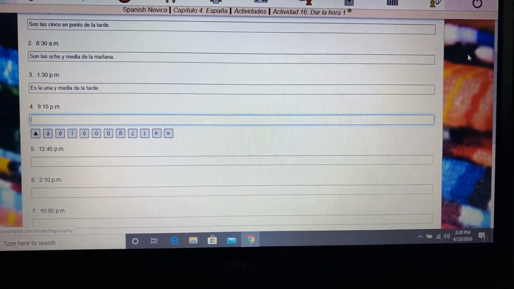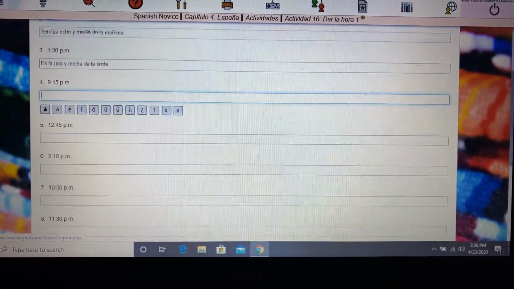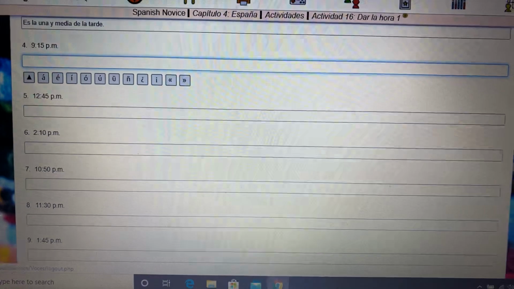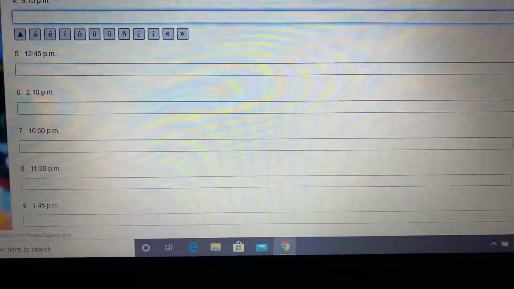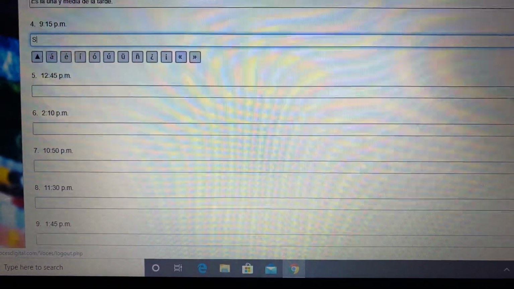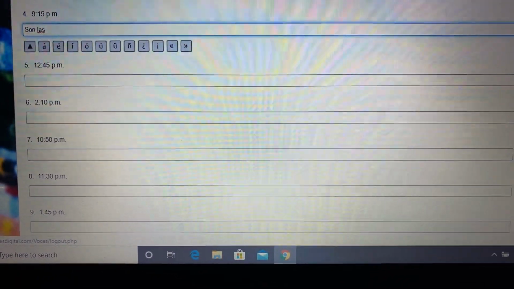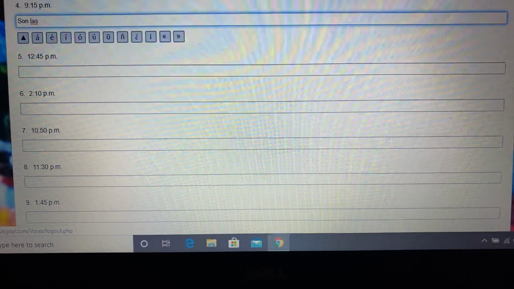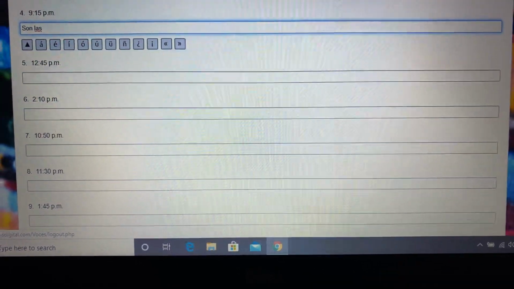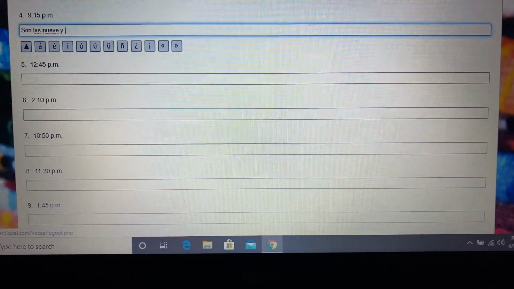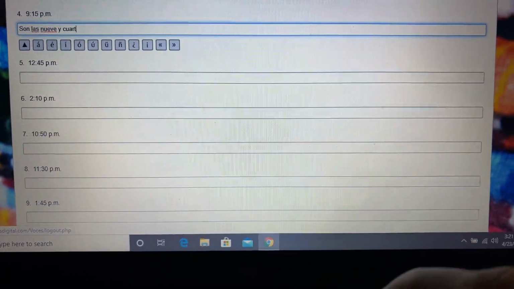Okay, let's go on to number 4. Number 4 is 9:15 p.m. I have to pay attention to 00, 15, 30, and 45. Okay, so 9, son las. Again, the minutes are before 31, so I'm going to use y, so I add that. 9:15.